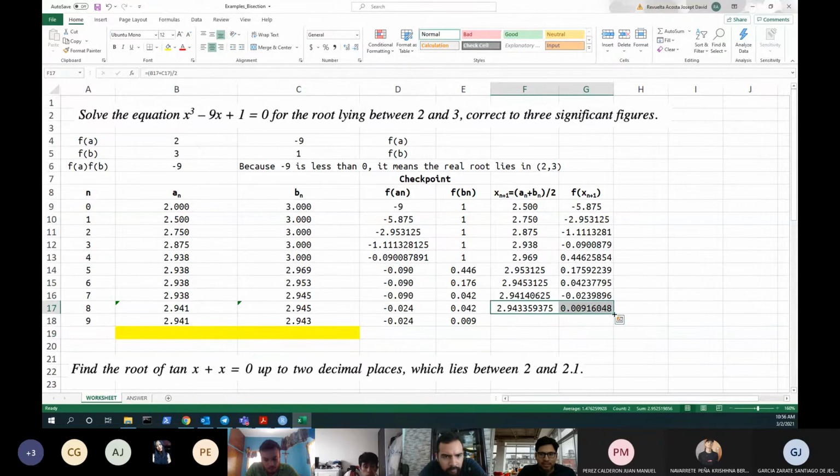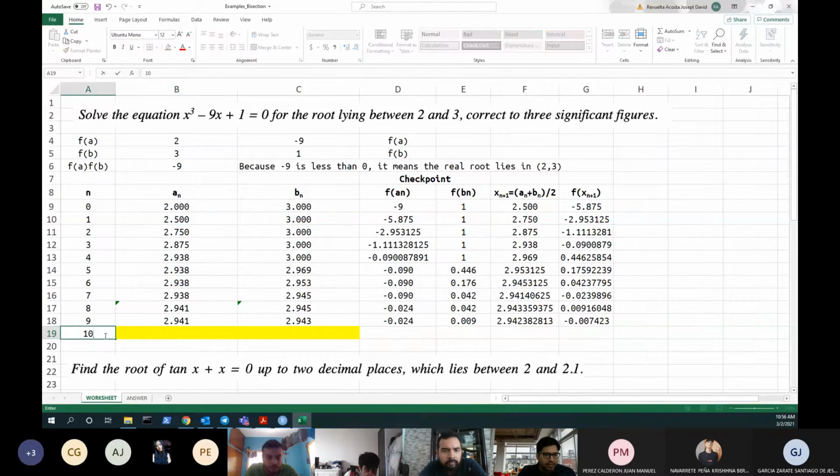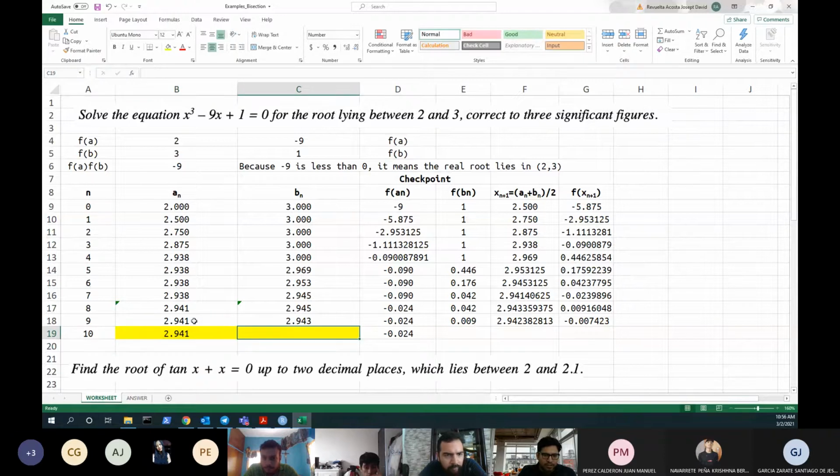And we evaluate, and if you see this, actually the error is becoming very, very low. And then finally my 10th iteration, this one is the one that is going to be constant, and this is the one that is going to be the previous value.